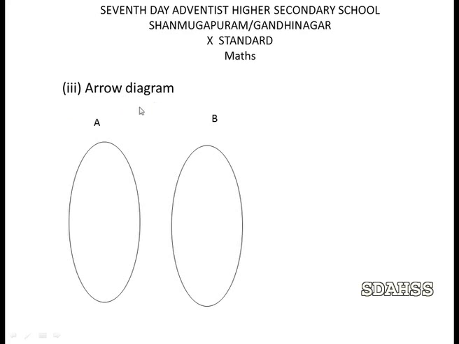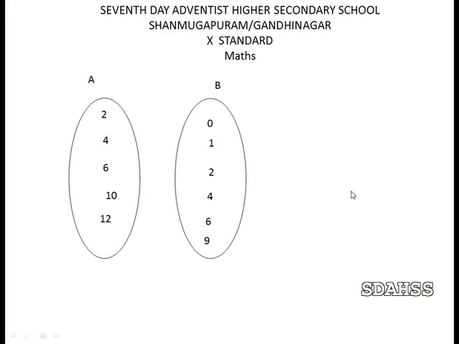Arrow diagram. Consider two sets A and B. In these two sets, copy the elements from A and copy the elements from B. In A, the elements are 2, 4, 6, 10, 12.